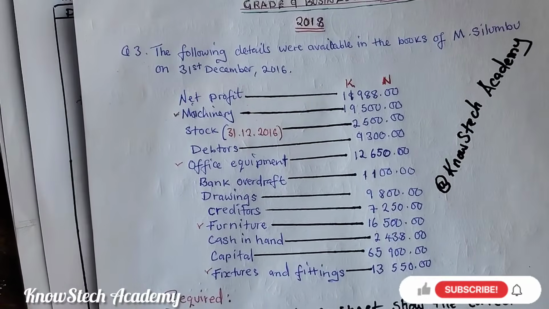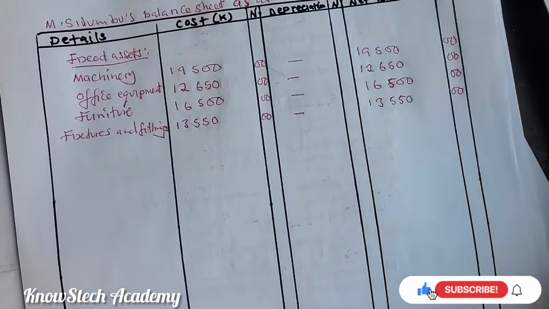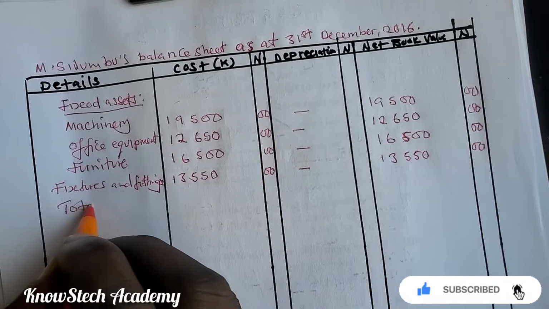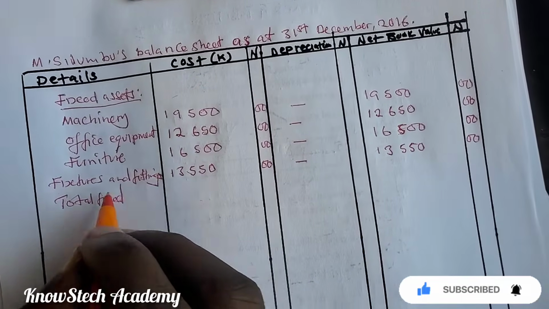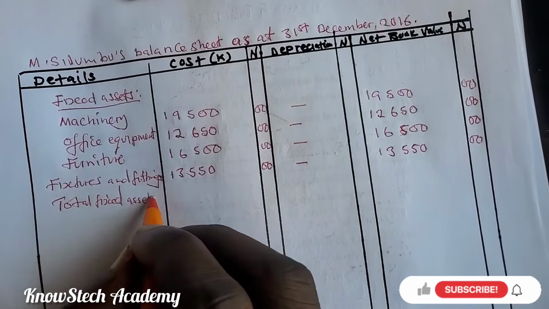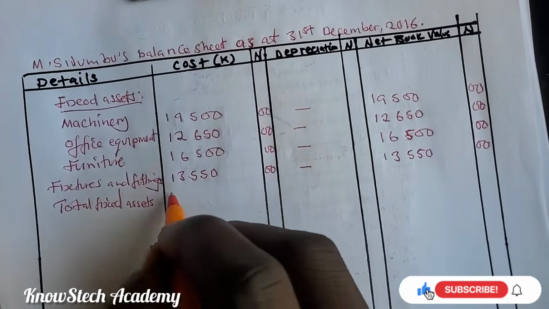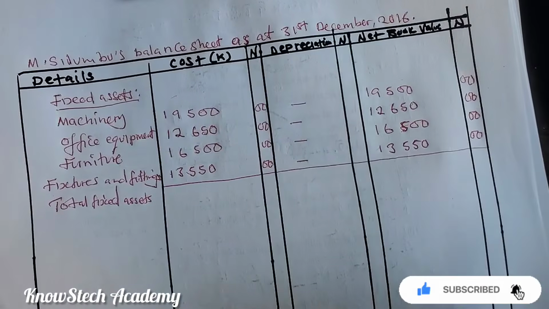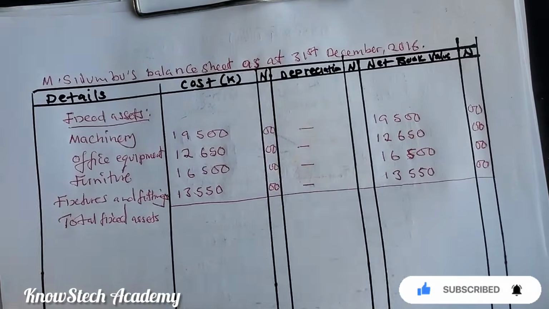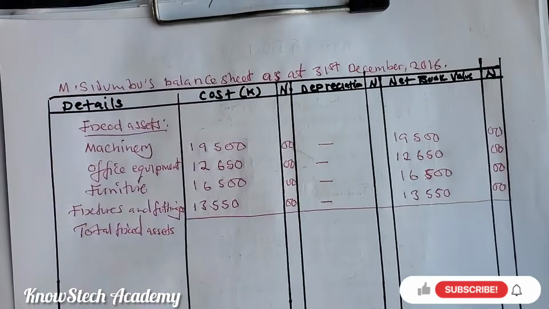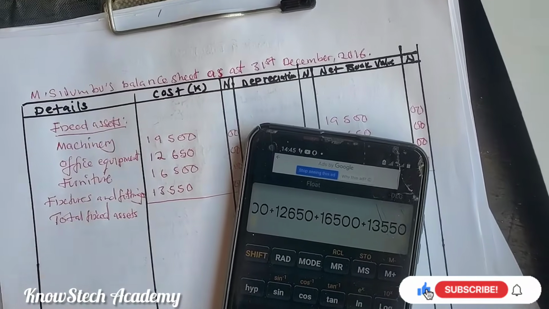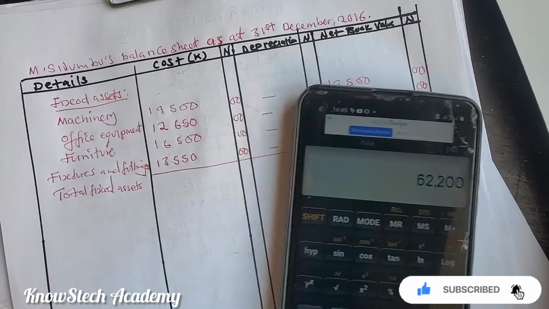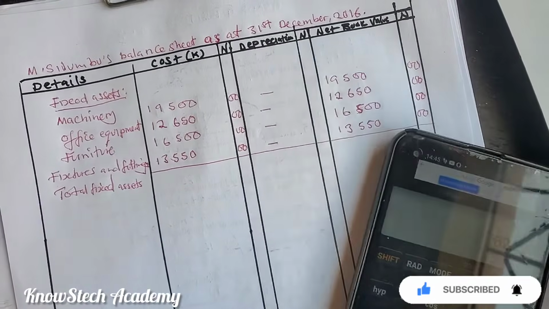After writing all the fixed assets, what you do is you add them. So here we're going to have the total fixed assets. We draw a straight line up to this point, then we calculate. After punching all the numbers on the calculator, it's giving us 62,200.